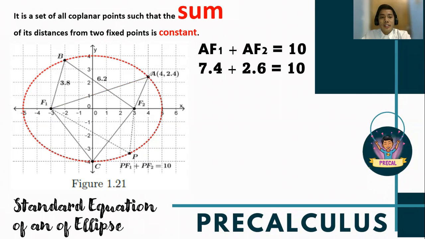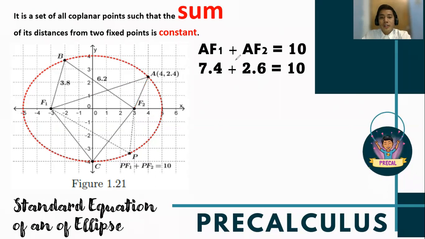And then the distance from point A to the other focus, which is (3, 0). Again, we subtract: the square root of (4 minus 3) squared plus (2.4 minus 0) squared. So you will get 2.6.